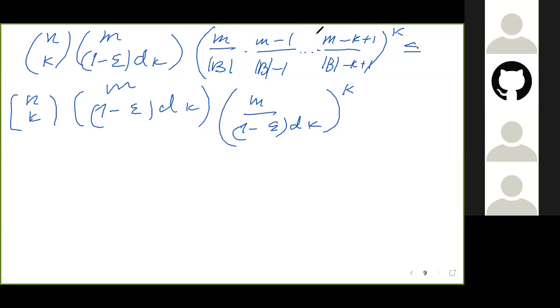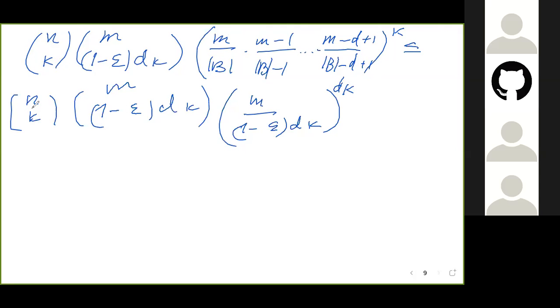So this K should be changed to D, both in this case. This was my mistake. So D here and D here. And so this product is actually maybe upper bounded by m over B raised to the power of D and then raised to the power of K, so dk.